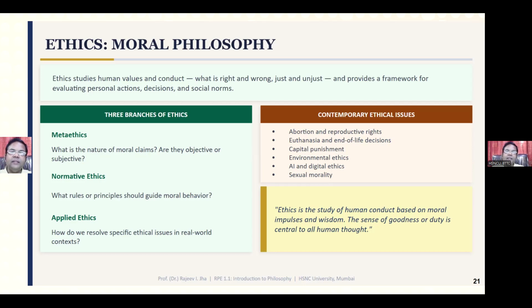Ethics operates at three levels. Meta-ethics asks about the nature of moral claims themselves. Are they objective truths, social constructs, or expressions of personal preference? This matters enormously in law, where the entire debate between natural law theory and legal positivism turns on precisely this question.